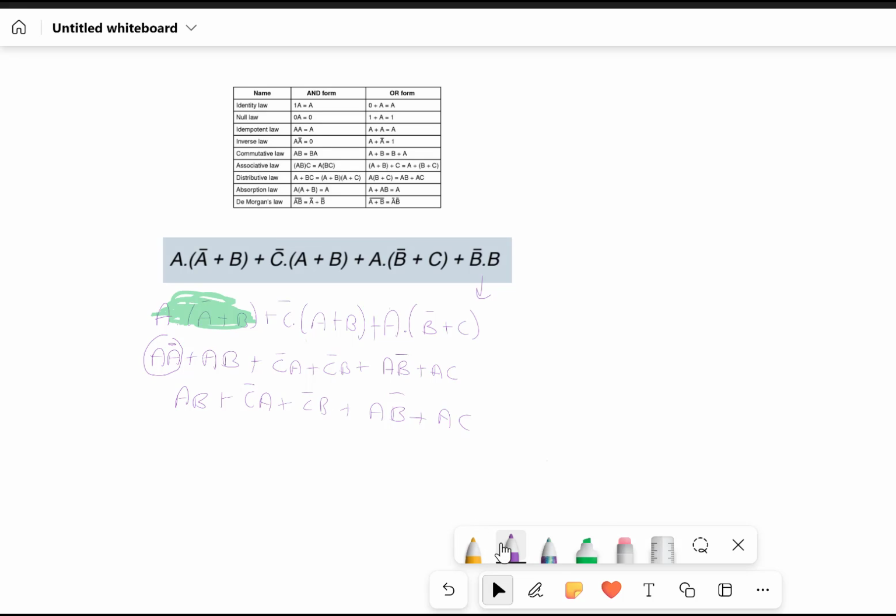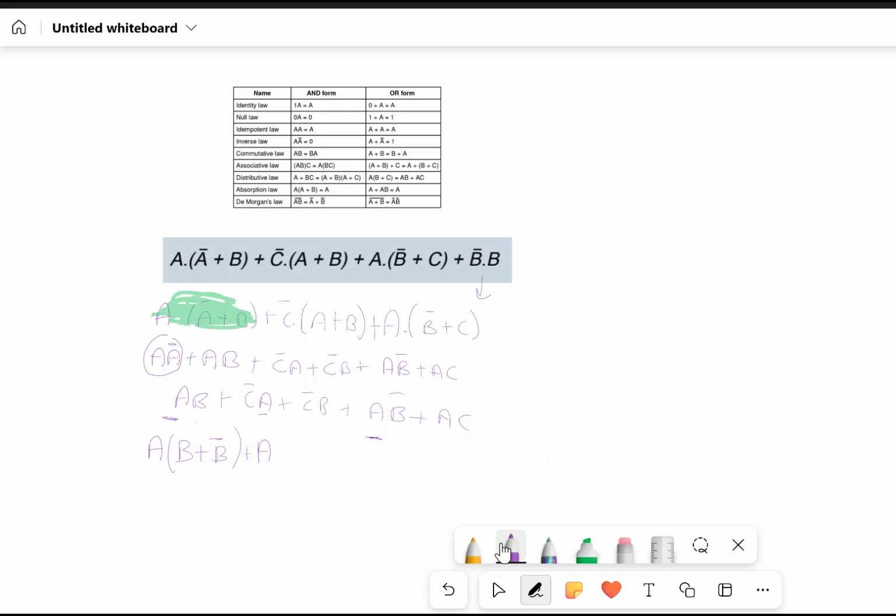Now we've got A as our common terms, so we'll do A, then take the B or not B, and then we can do the same for the next one where we've got A again.